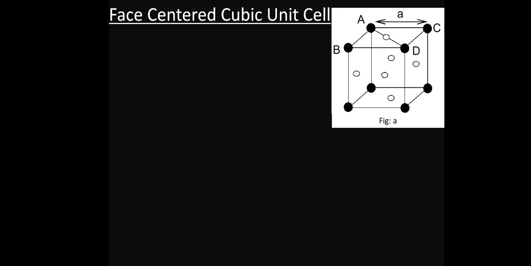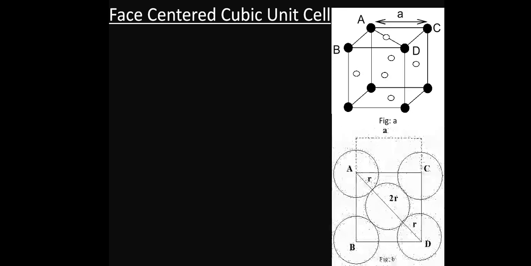If you try to represent the topmost face, which you can see in figure A as ABCD, in its real representation, it looks something like this, where A, B, C and D are now spheres, and what you see in figure A is the center of the spheres. That is how we can relate them, and you can clearly see the edge length a also in figure B. Now let us move into the derivation.